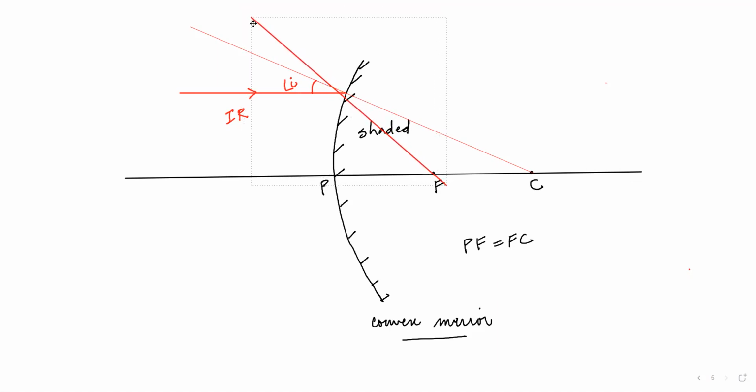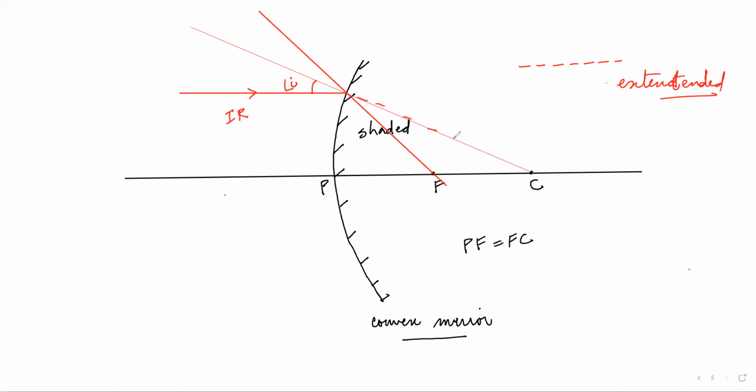Yes, this will pass through the focus if it is extended. One thing I want to tell you, that this ray should not be drawn smooth. This should be shaded, a line like this. Why? It shows that this line is extended.